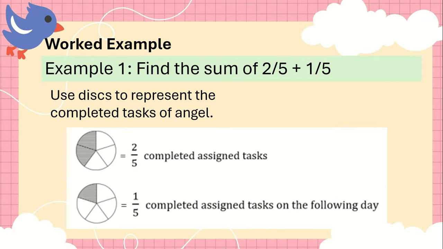Example 1. Find the sum of 2/5 plus 1/5. Use this to represent the completed task of Angel. The first illustration represents the completed assigned task, which is 2/5, and the second figure represents the completed assigned task on the following day, which is 1/5.